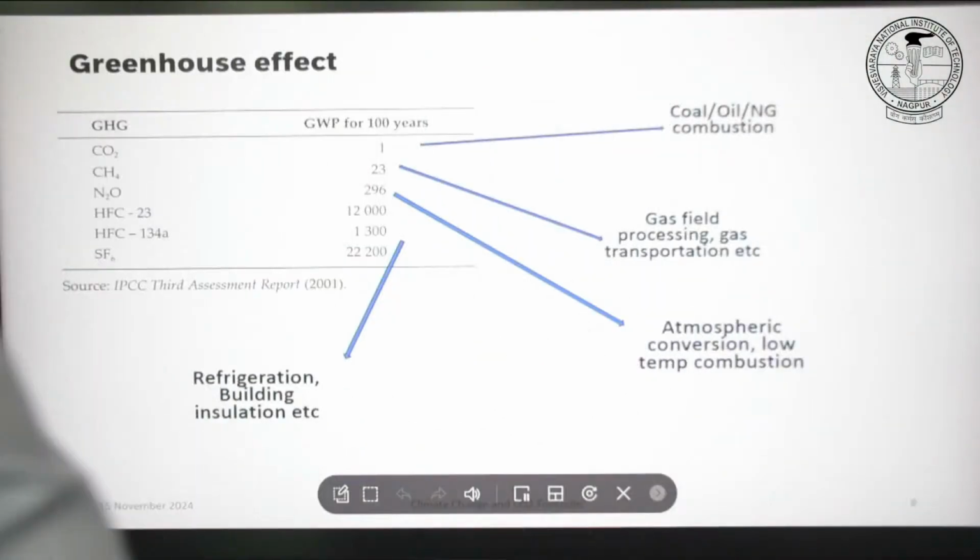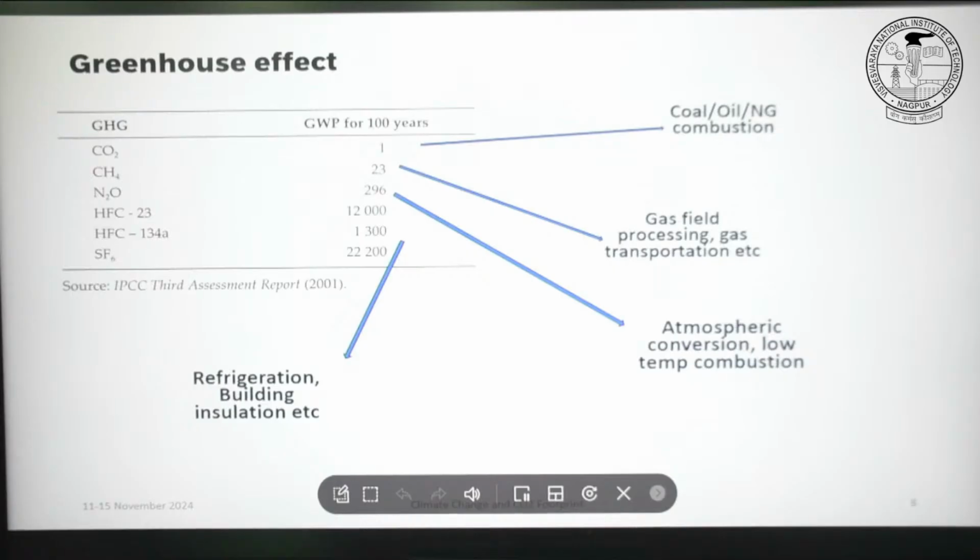Now, as I said, CO2 is one of those greenhouse gases. Others are methane, N2O. I don't know if you have heard about N2O also. NOx? Yes.